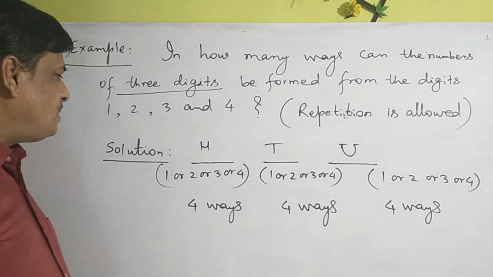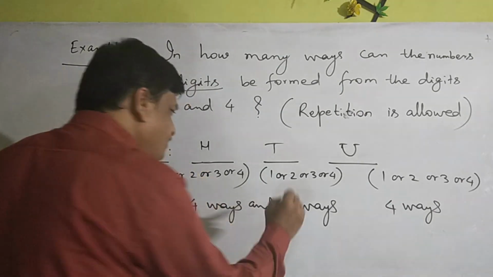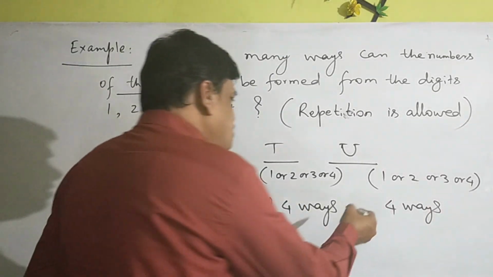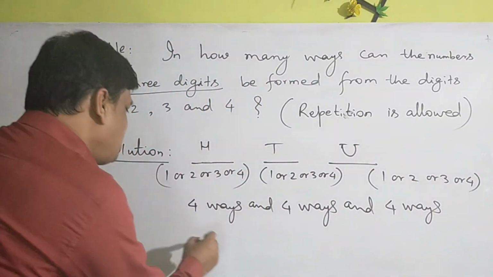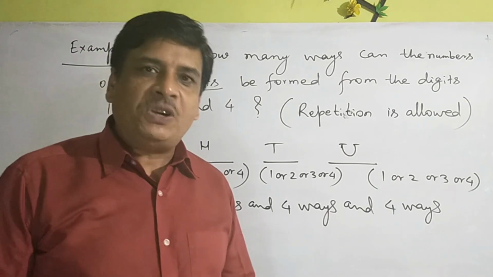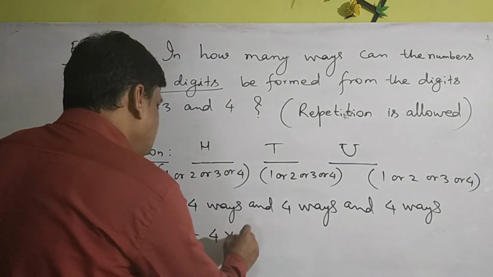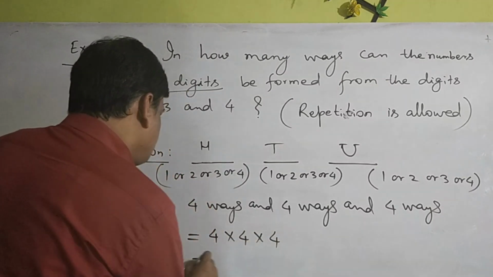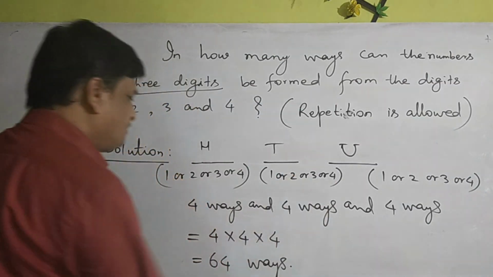What we see: hundreds place in 4 ways, tens place in 4 ways and units place also in 4 ways. So we count the total number of ways by which the numbers of 3 digits can be formed by the product of these 3, which is 64 ways.